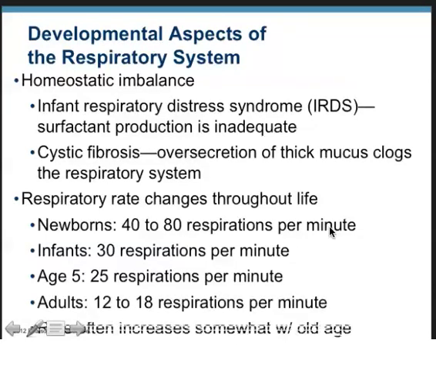These rates sometimes increase with old age because the strength of the respiratory muscles and the elasticity of the lungs decreases, and as a result, we often have to accelerate our rate of breathing in order to compensate for the diminished capacity of the lungs to fill with air.